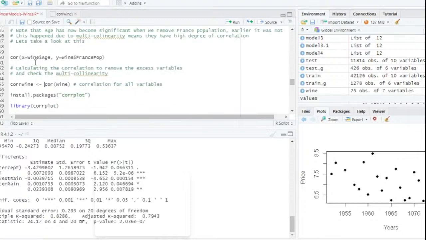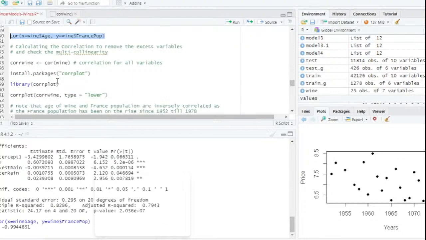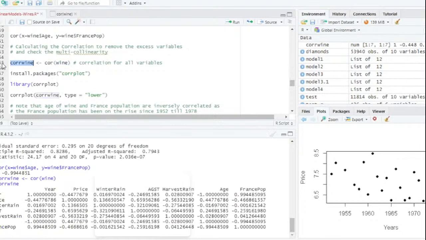Okay. This is again, I'm just calculating the correlation which I have already calculated, so you know it. Correlation. Okay, this corrplot. Install this package corrplot. It will create a plot. This is also very interesting. It will create a plot showing the correlation.